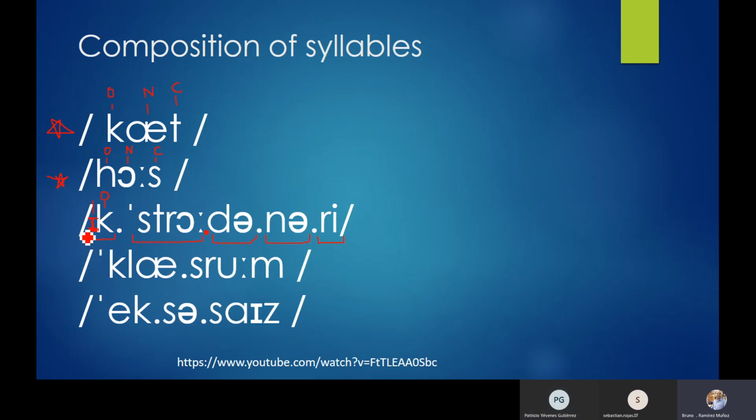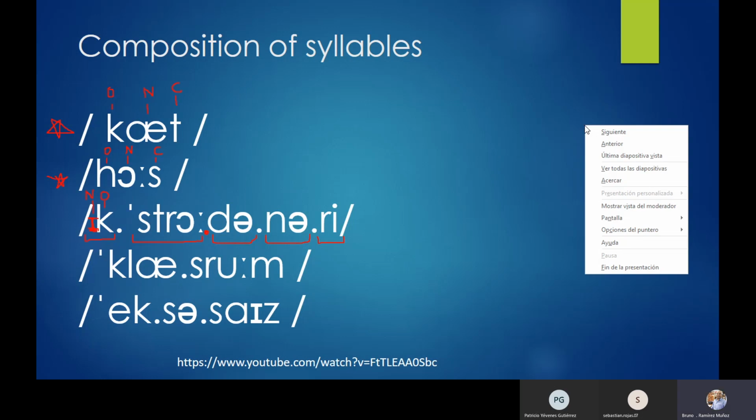Exactly. So, for example, which is the first syllable? The first syllable should be ik, right? In extraordinary, ik is the first syllable. And in this first syllable, the nucleus is the vowel sound e, right?